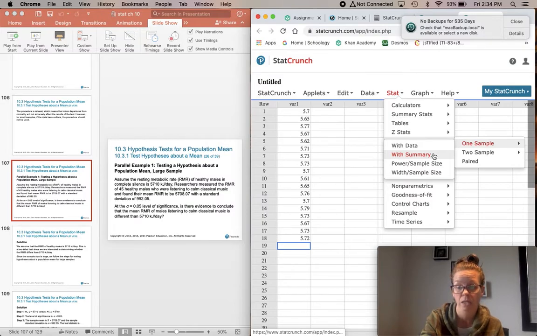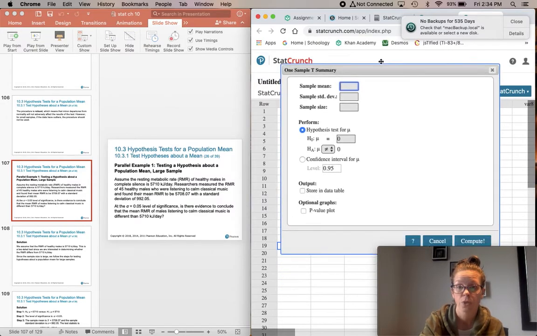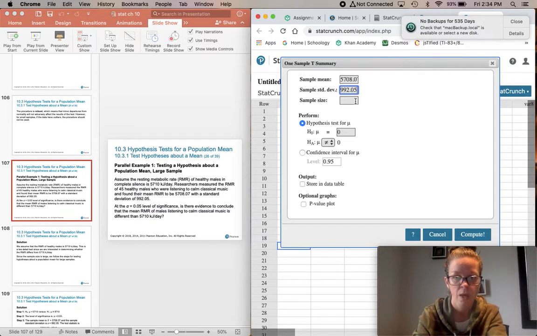They didn't give us patient number 1, patient number 2, patient number 3, all the way to patient 45. They just told us the summary of the study. So we do the summary. The sample mean was 5708.07, our sample standard deviation, 992.05, and the sample size, 45.